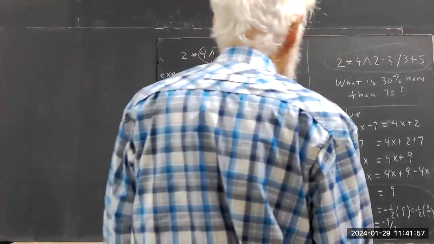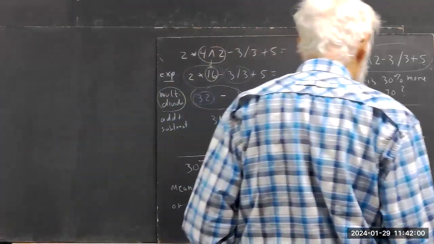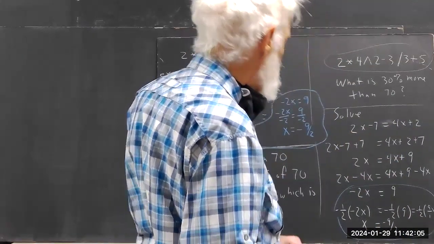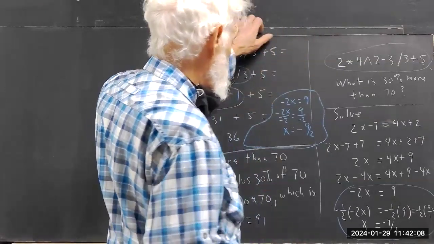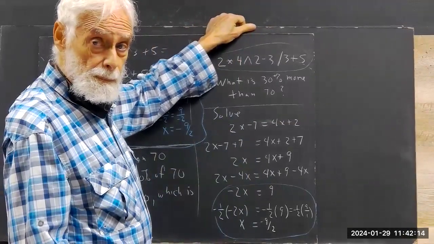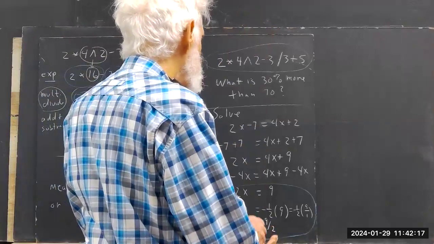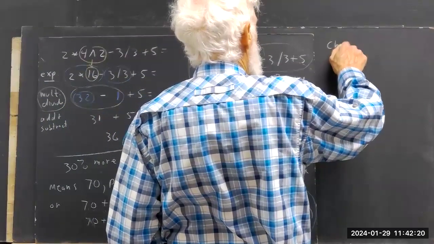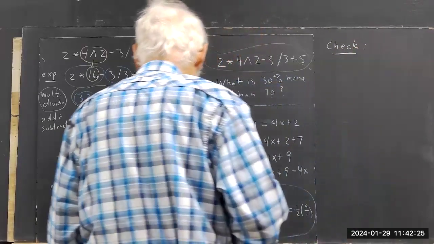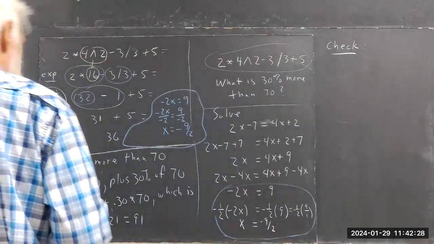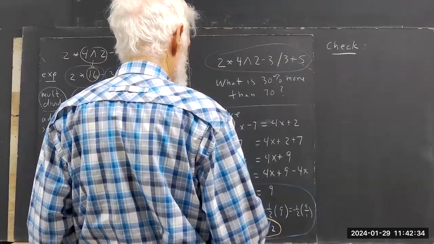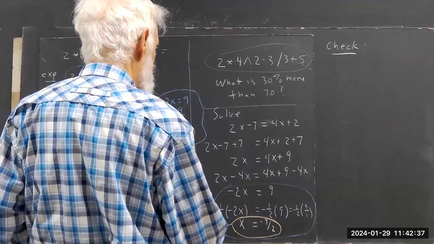Then I check. If I put negative nine halves in here, normally I do the check, and I'm going to actually do it. I got x equals negative nine halves.